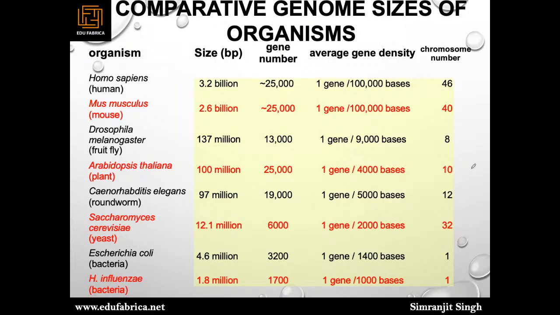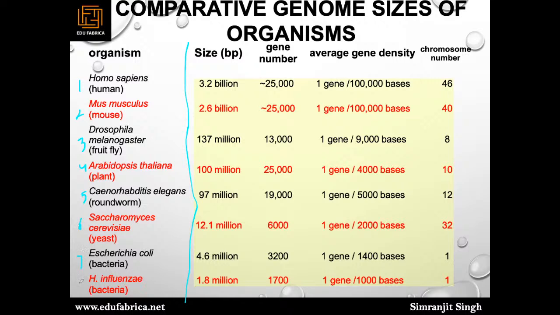And within genomics, there is a field called comparative genomics, which compares the genome sizes of different organisms. So it's a very nice table explaining all the major models to study diseases, or to discover some good medicines or healthy products.